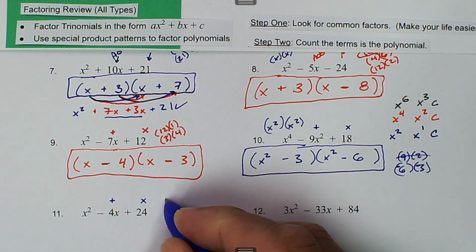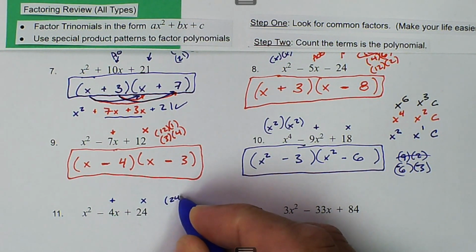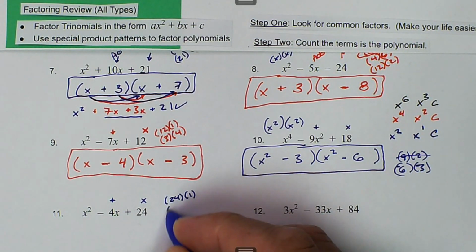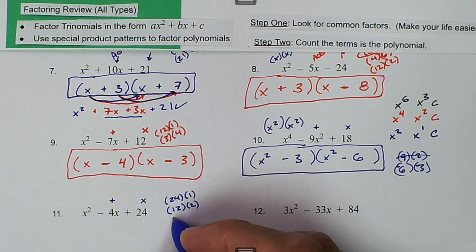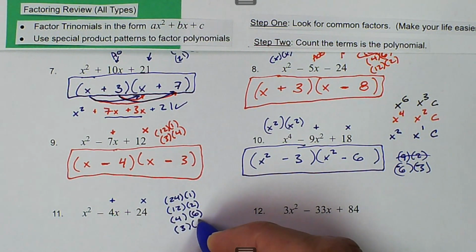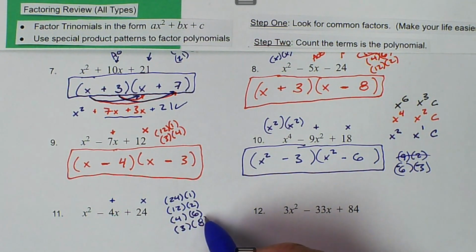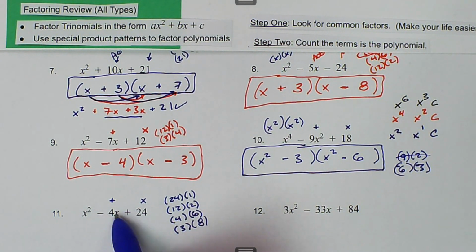So let's think about this. 24 and 1, 12 and 2, 4 and 3, 4 and 6, 3 and 8, and that's it.